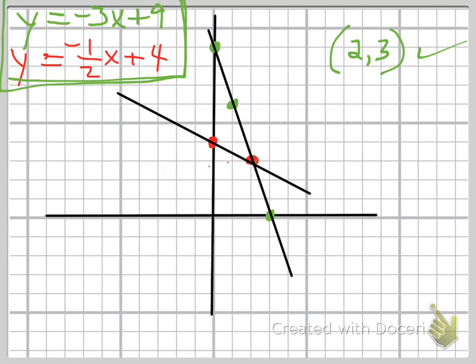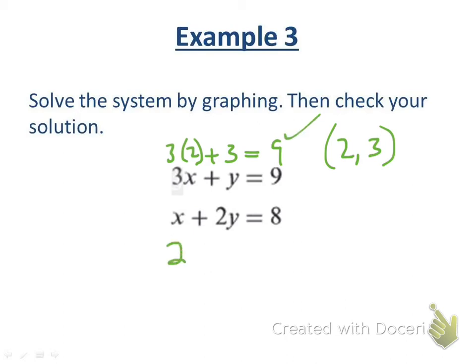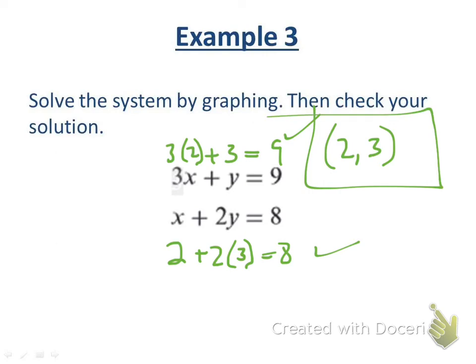So if we go back to our original equation, is 2, 3 a solution to this system of equations? 3 times 2 plus 3 equals 9. Is that true? It's true, isn't it? And then 2 plus 2 times 3, is that equal to 8? It is, and so we're going to keep that answer. It just tells us we didn't make any mistakes solving for y or graphing our lines.